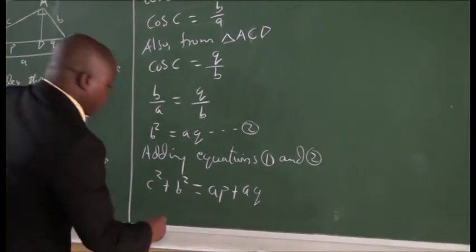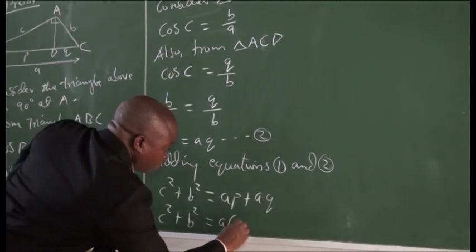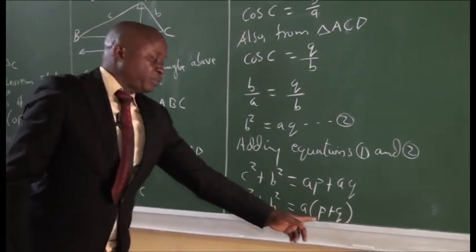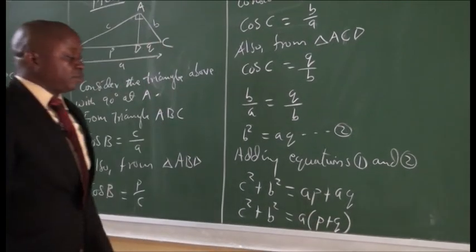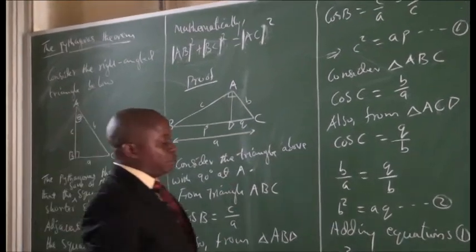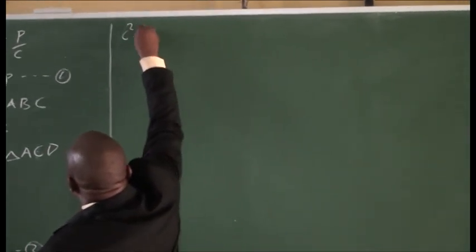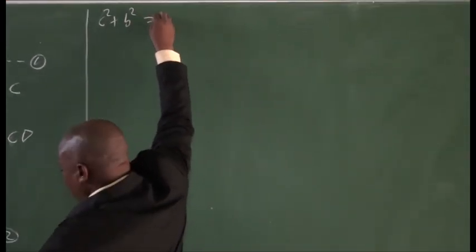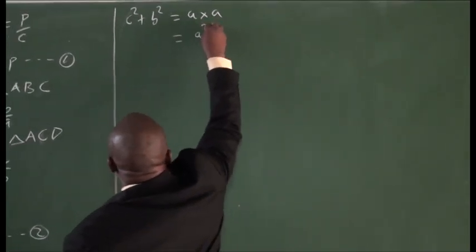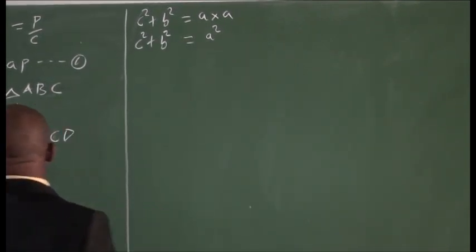Which we can write as C square plus B square equals A times P plus Q. We can factor out A and get P plus Q. And what is P plus Q? From here, P plus Q gives you the whole of A. So we can write that C square plus B square equals A times A, and that is A square. So C square plus B square equals A square.